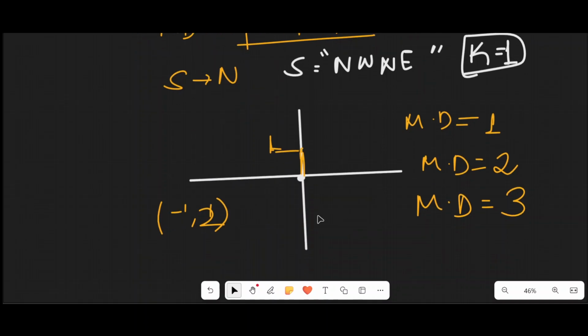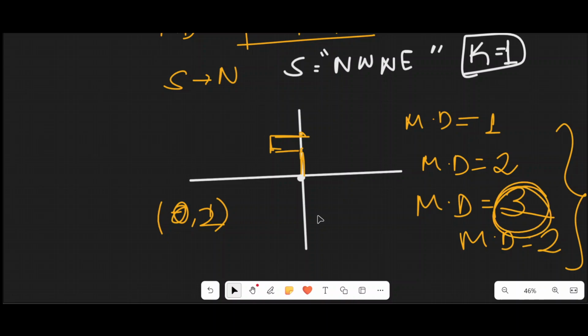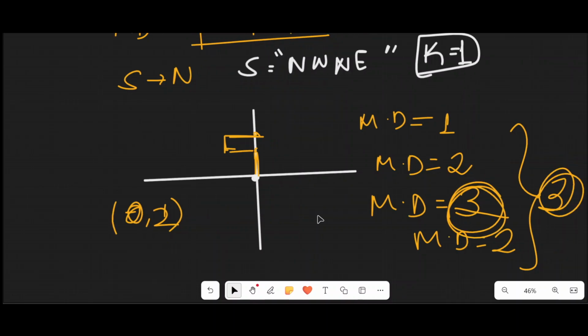And next up it has said to move east, then it will again come here, and your final coordinate shall be 0 comma 2. So now your Manhattan distance becomes 2 again. So out of all these, you need to find the maximum value, which is 3. So 3 is the maximum Manhattan distance which you have to return, right?